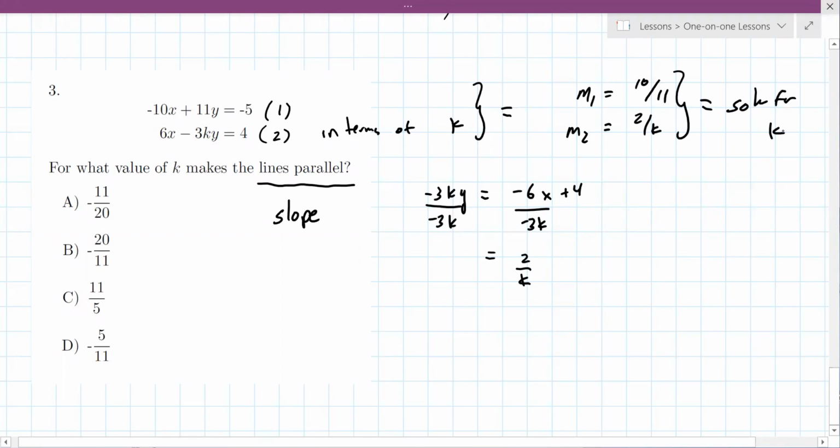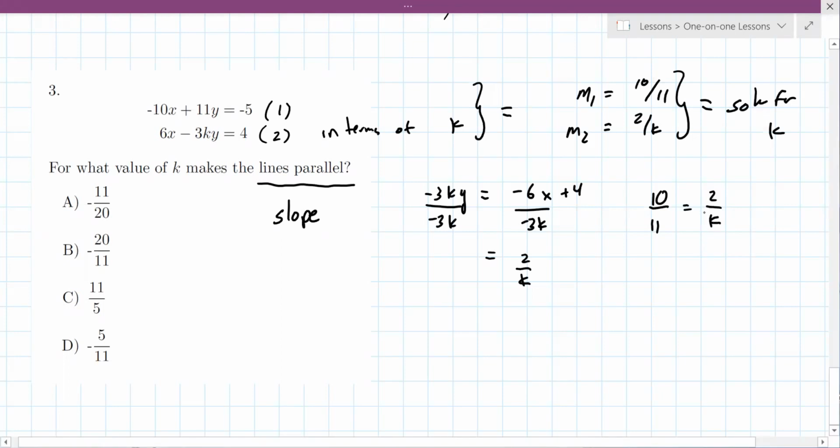Okay. 10 over 11. And here you can just cross multiply, right? Yes. So you're setting 10 over 11 equal to 2 over k. Divide by 10. K equals 20.